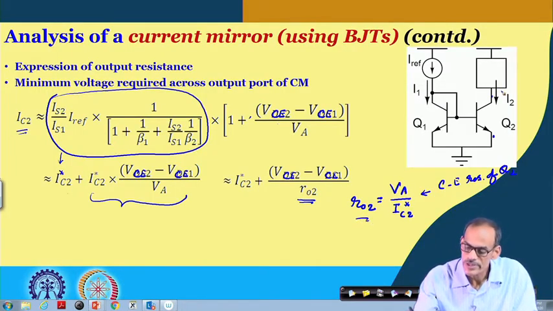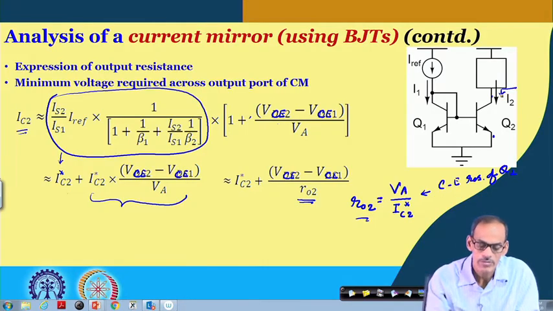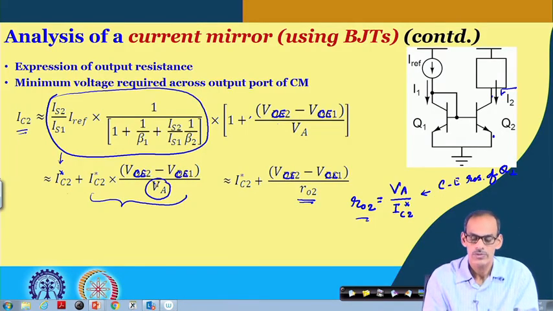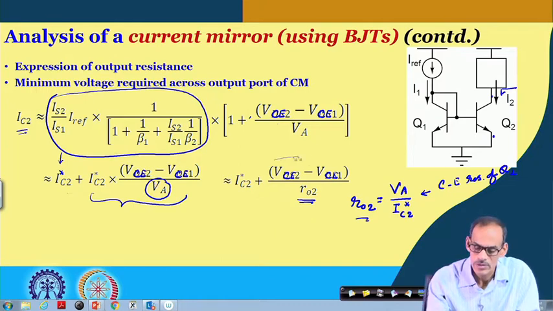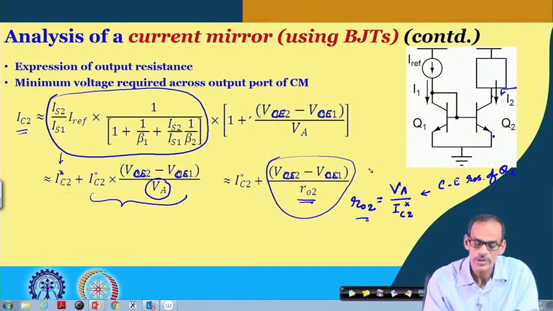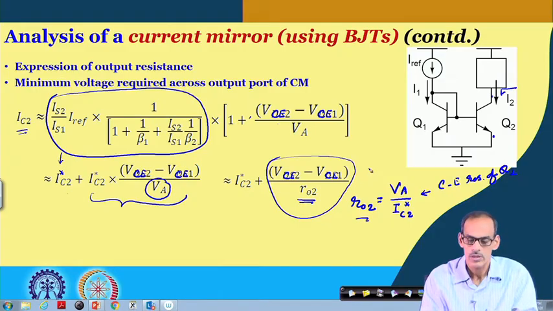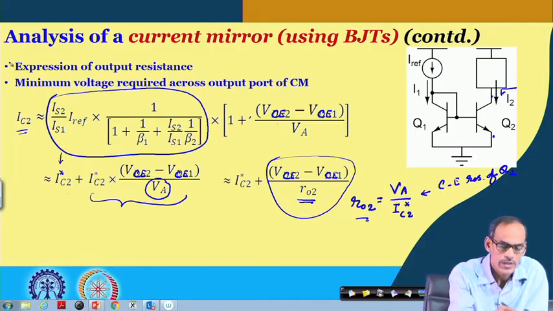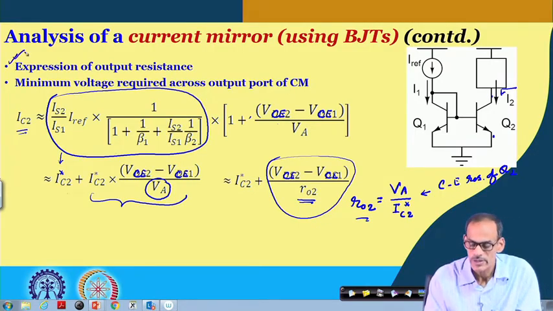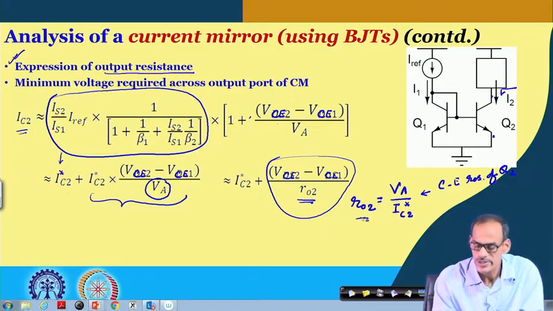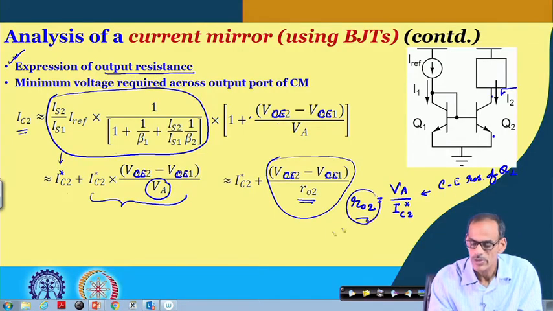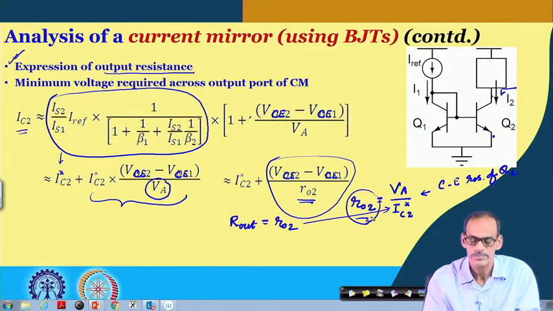So, if this output resistance is higher, which can be obtained by a higher value of this early voltage, then this non-ideal part will be smaller. So, we may wish to keep the transistor in active region so that we can get high output resistance, and as I said, this output resistance is essentially RO2. So, we can say R out equals this RO2, which has this expression.